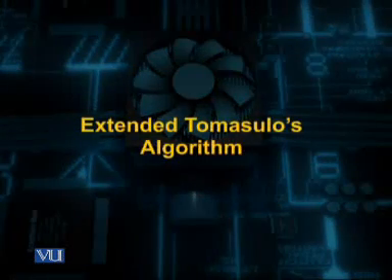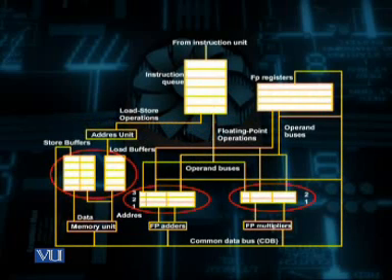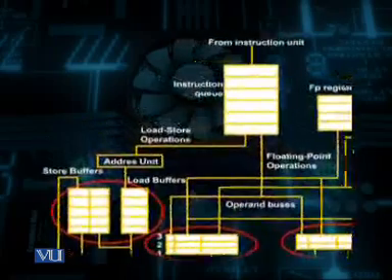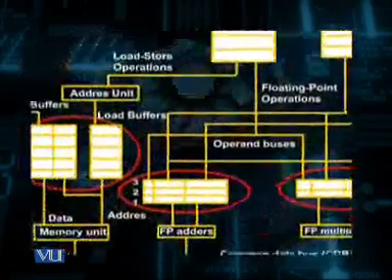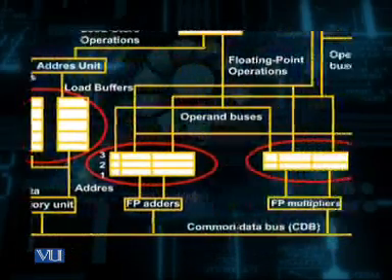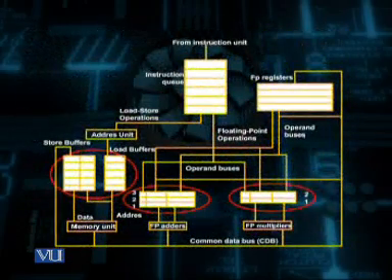So with these small modifications in the hardware, Tomasulo introduced a new concept where the concept of reservation stations was used and a new hardware was introduced, which is depicted in this diagram over here. This diagram contains a floating point operation queue. The function of this operation queue is that the instructions from the instruction unit are sent in this queue in order.